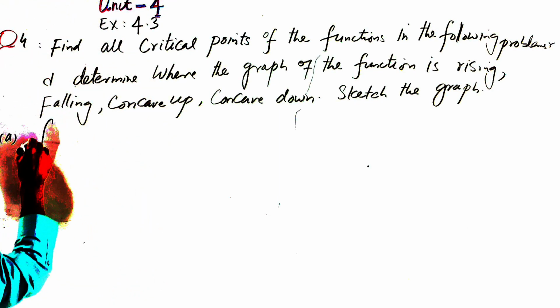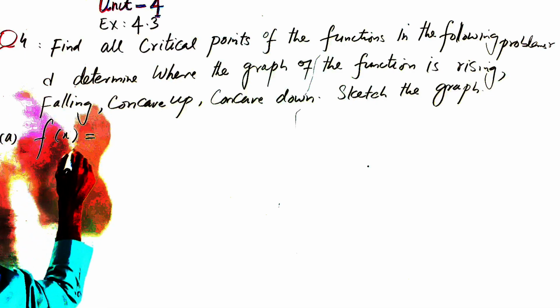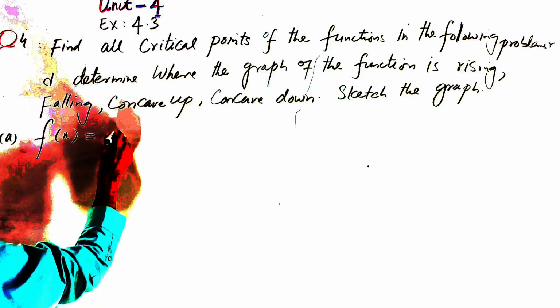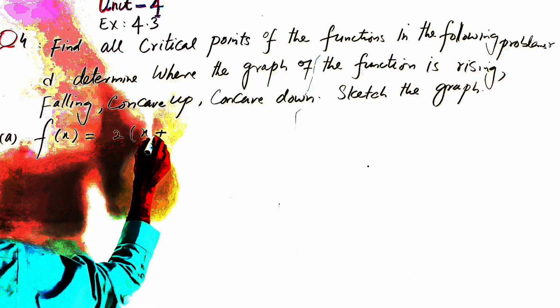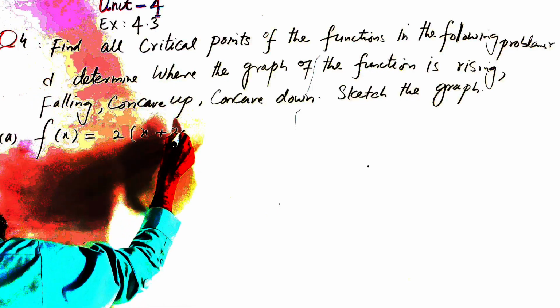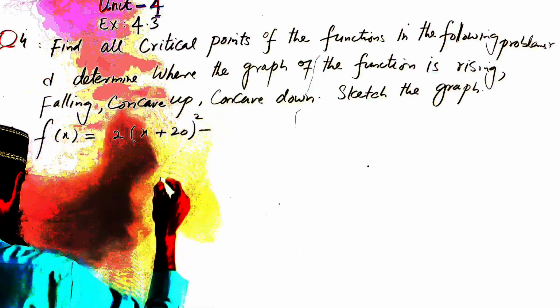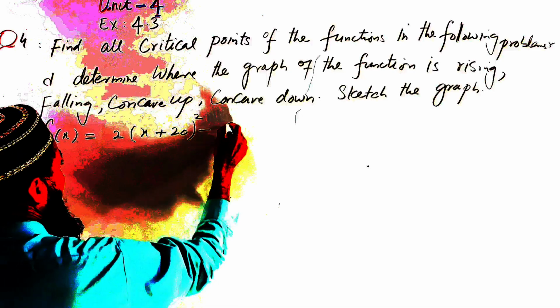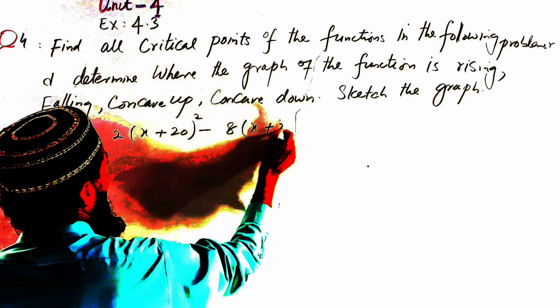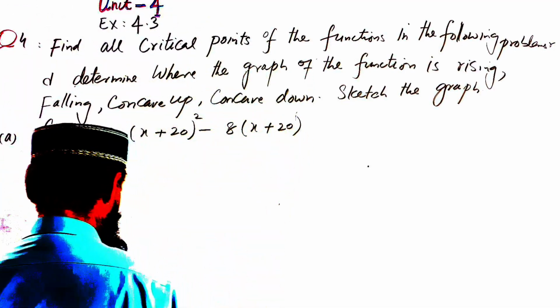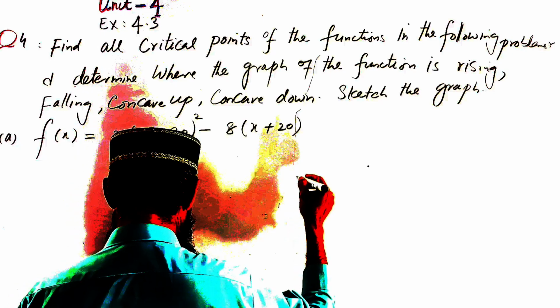Part A: f of x is equal to 2 times (x plus 20) whole squared minus 8 times (x plus 20) plus 7.